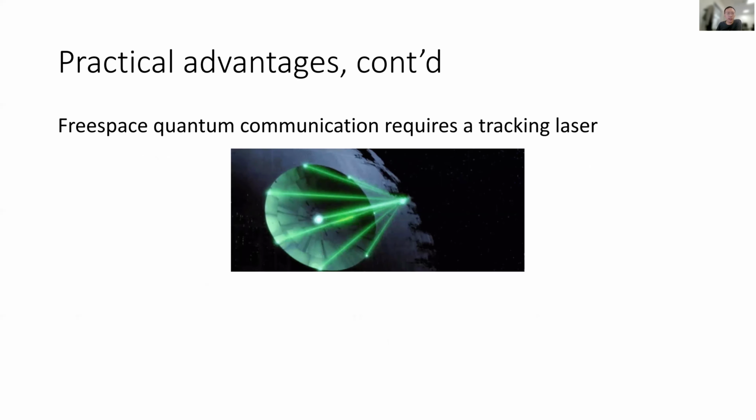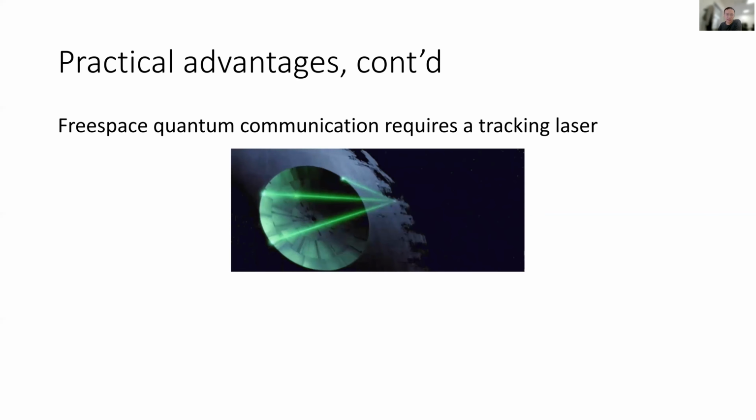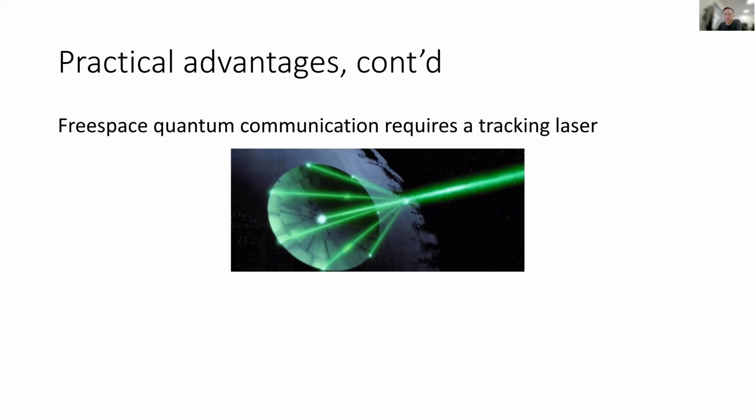Some further motivations for getting classical verifications include that if you think about free space quantum communications, they usually use a tracking laser to make sure that they're sending the message to the correct location. And this is something that is not very efficient. And again, for classical communication, you don't need this kind of accuracy.